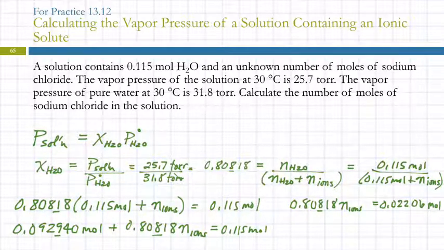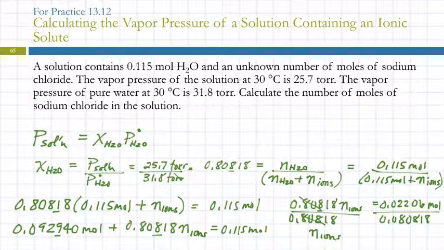And then we've got to divide both sides. Number of moles of ions equals 0.0272996 moles.